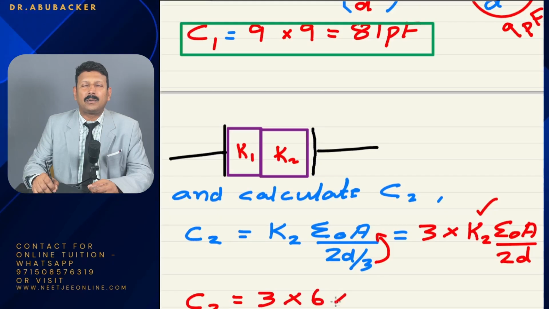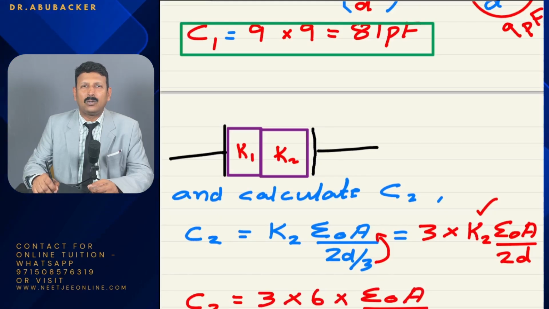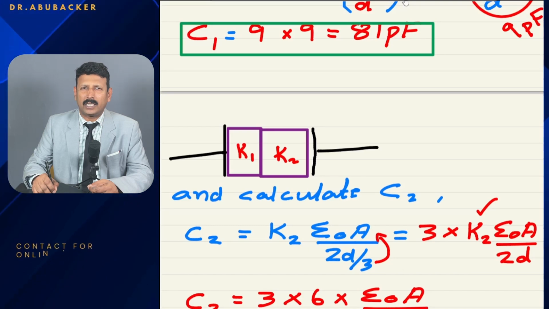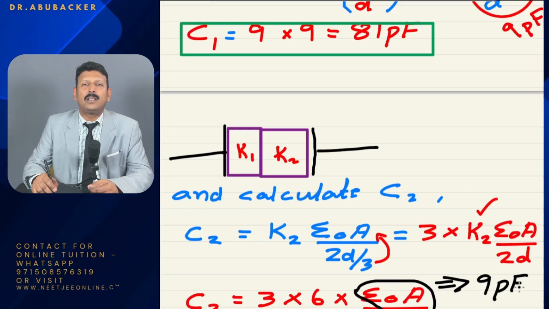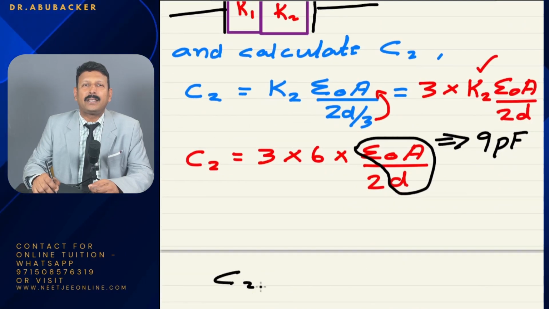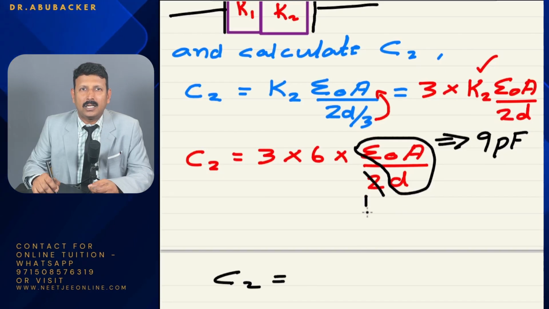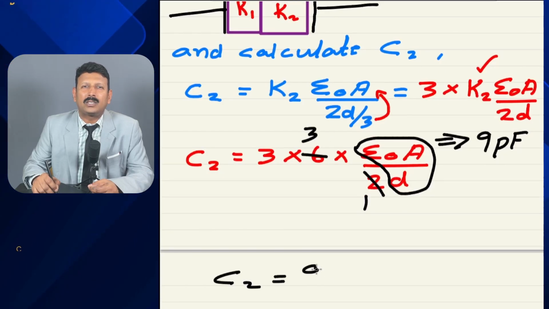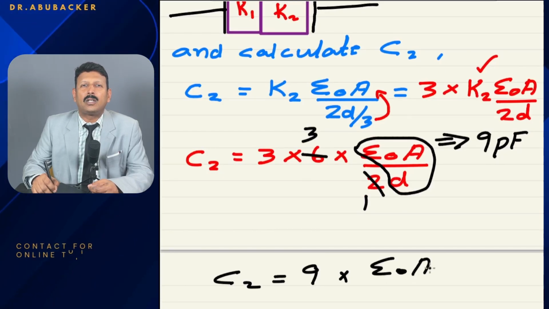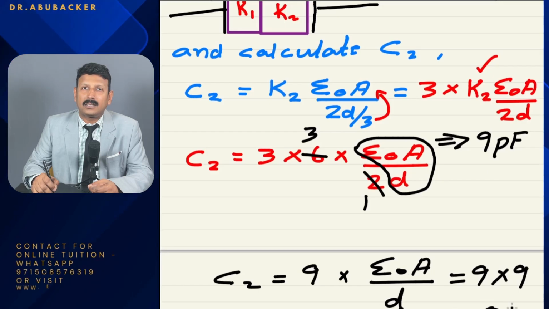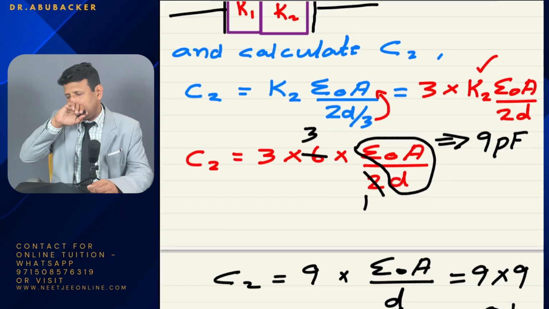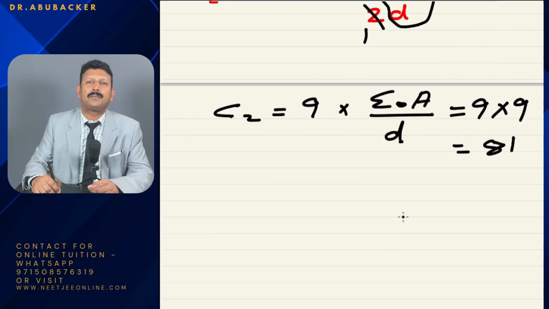So the denominator 3 will go to the numerator. So 3 into K2, whose value is 6, so 3 into 6 into epsilon 0 A by 2D. There is a 2 also, so that 2 simplifies with the 6 and it becomes 3, right? So 3 into 3, 9, and epsilon 0 A by D is already 9. So what is the answer now? 9 into 9, 81 pF.